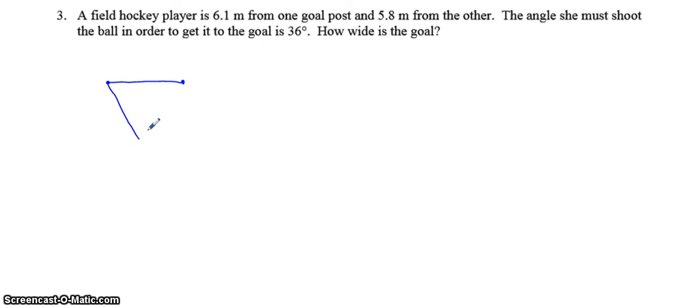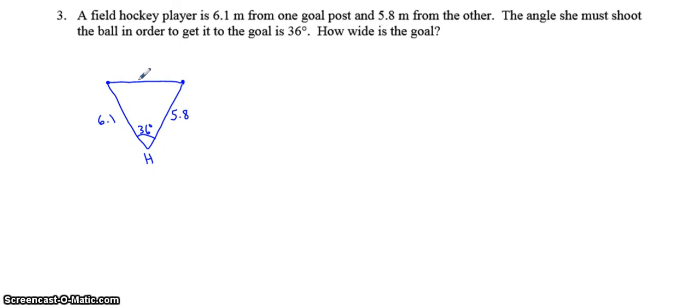So he is 6.1 meters from one goal post and 5.8 meters from the other. There's where the hockey player is. And the angle she must shoot the ball to get it in the goal is 36 degrees. So that angle there is 36 degrees. How wide is the goal?